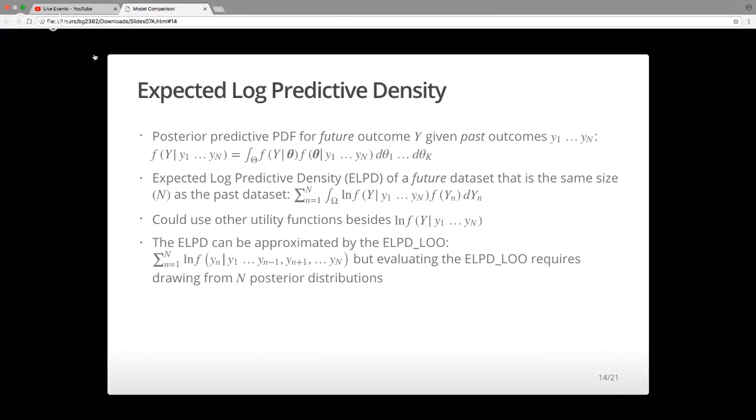So then the expected logarithm of the predictive density, known as ELPD, not just for one future observation, but for a future data set that is the same size as the past data set, can be written as the summation from 1 to n of the logarithm of our g function here, the predictive density of future y given past y.